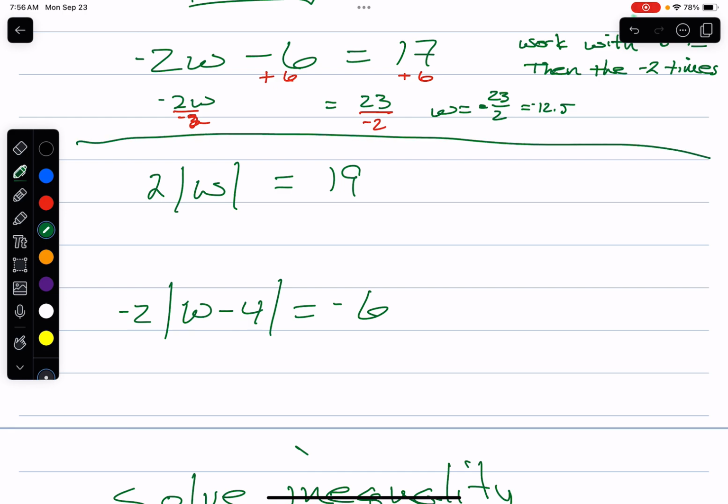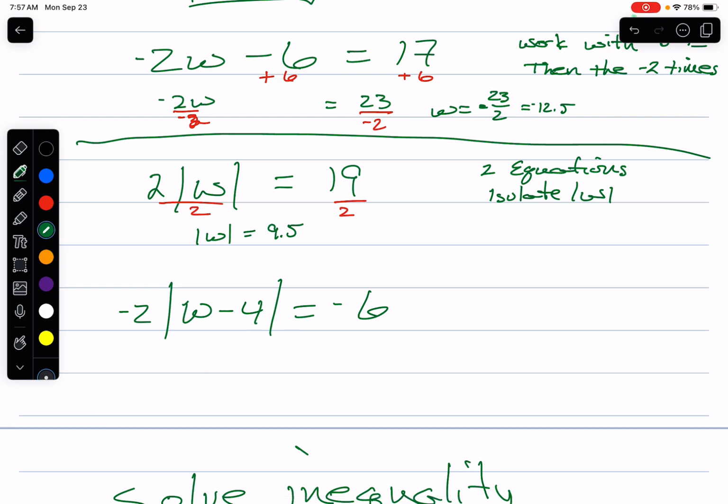Absolute value, we need to have two equations. Okay, and I want to isolate the absolute value of w. So I'm going to divide by 2. So I get the absolute value of w equals 9.5.